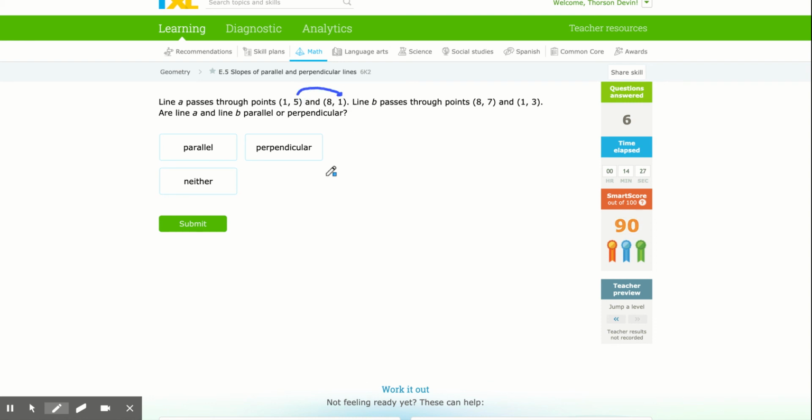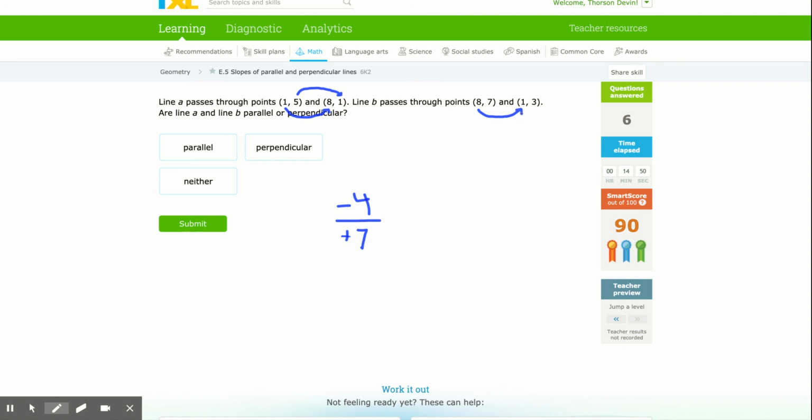From 5 to 1, it goes down 4. That's my rise. And how much do I go from 1 to 8? Here's my run. 1 to 8 is an increase of 7. I've gotten in the habit of doing my y's first, the top of my fraction first, over the bottom. There's nothing wrong with doing the bottom first if you want.